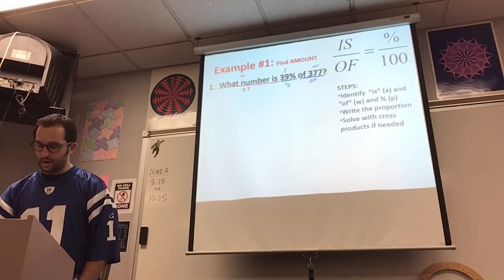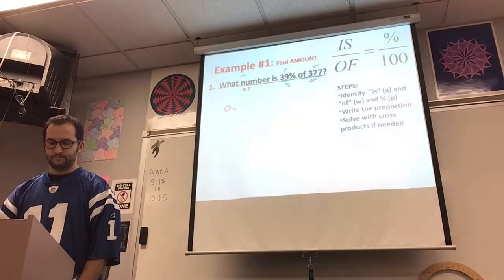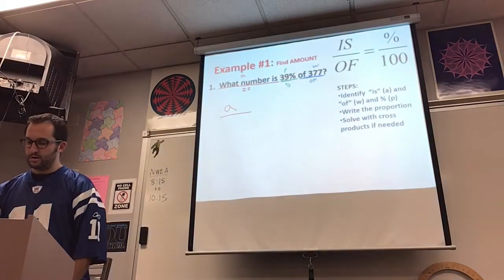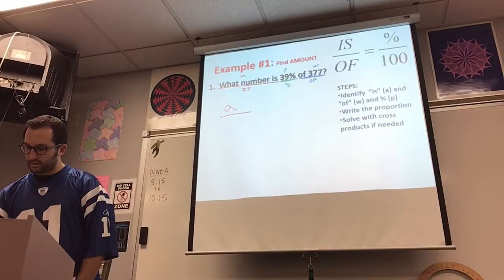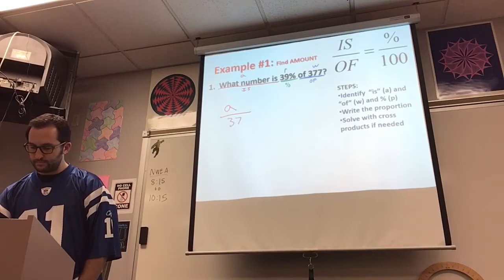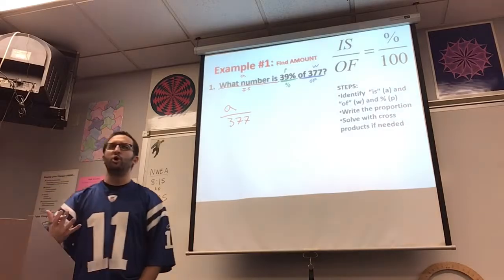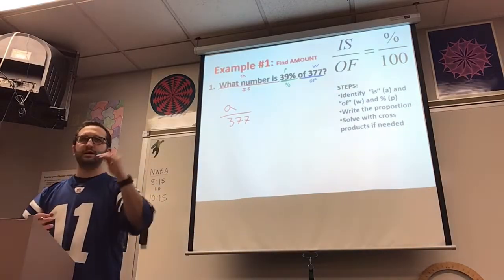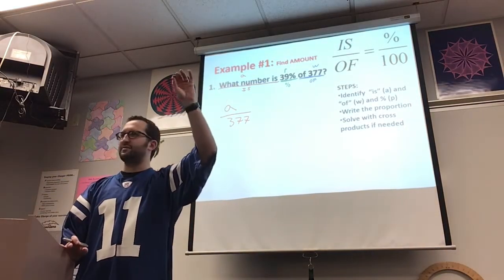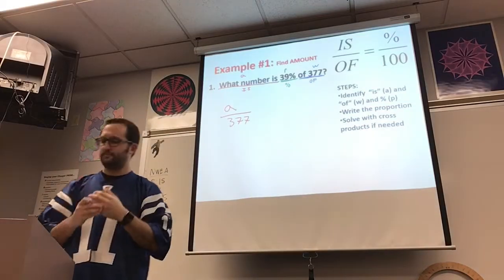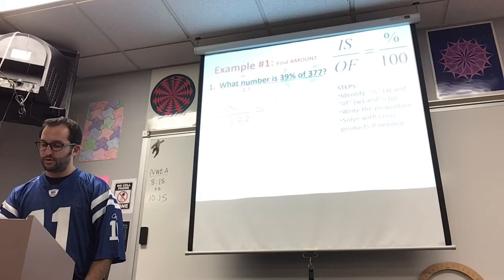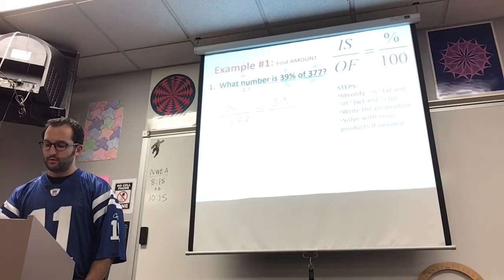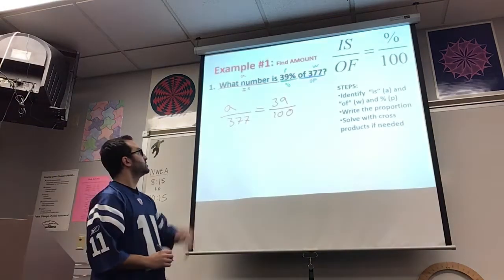No. So we're going to write A over of. Do we know of? Yes, that's 377. That's the whole, right? 39% of 377, that would mean 377 would be the bigger number, the whole value. Is equal to, do we know the percent? We do. 39 over 100. So we've written our proportion.